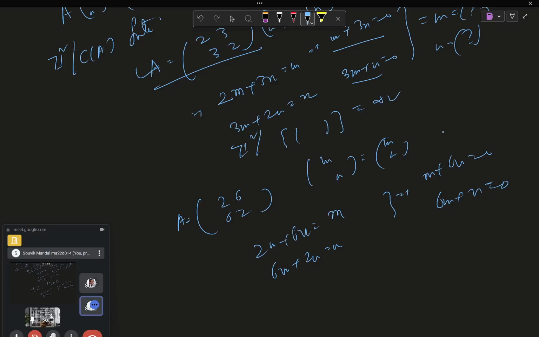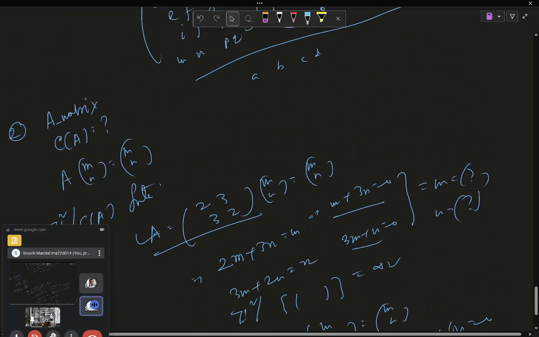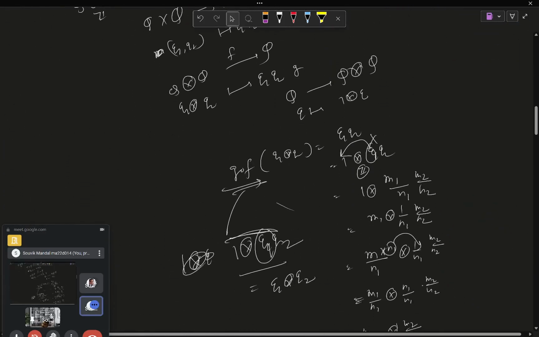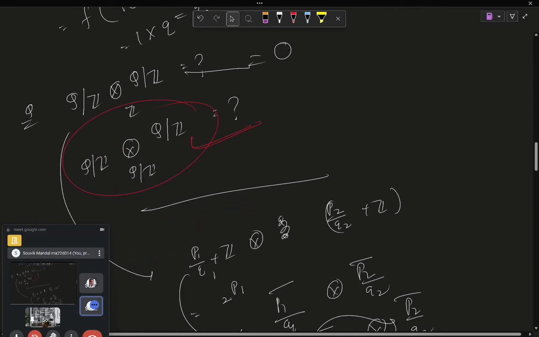Okay, so now go back to the tensor product thing. Now tell me, we have some integer of this type.